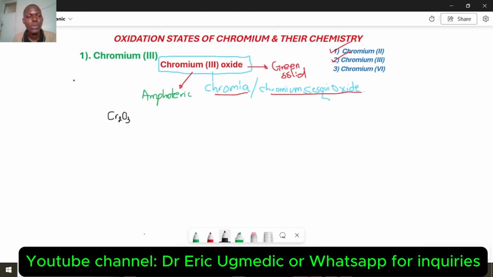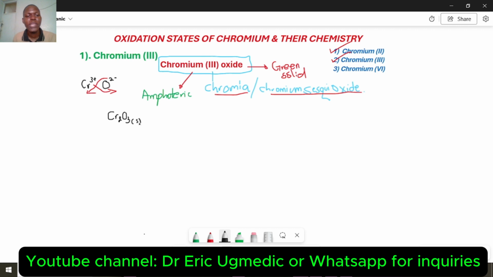Just in case you don't know how we're supposed to write it, we have chromium in the +3 oxidation state, and then we have oxygen in the 2- oxidation state. I'll use the basic explanation that they used to tell us in O level, that this comes here, then the 3 goes there. So that's how we have our chromium 3 oxide, a green solid.